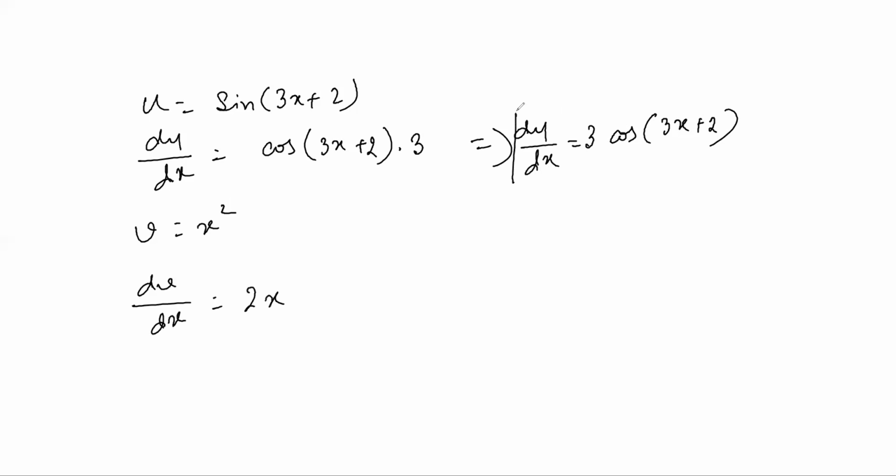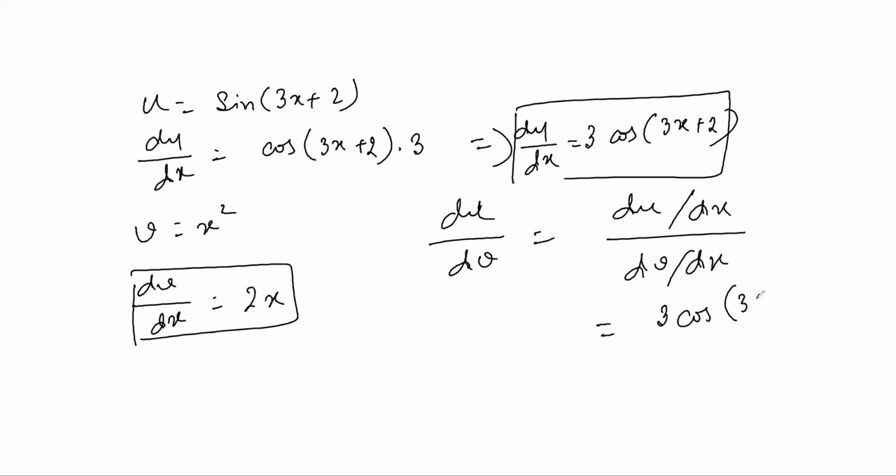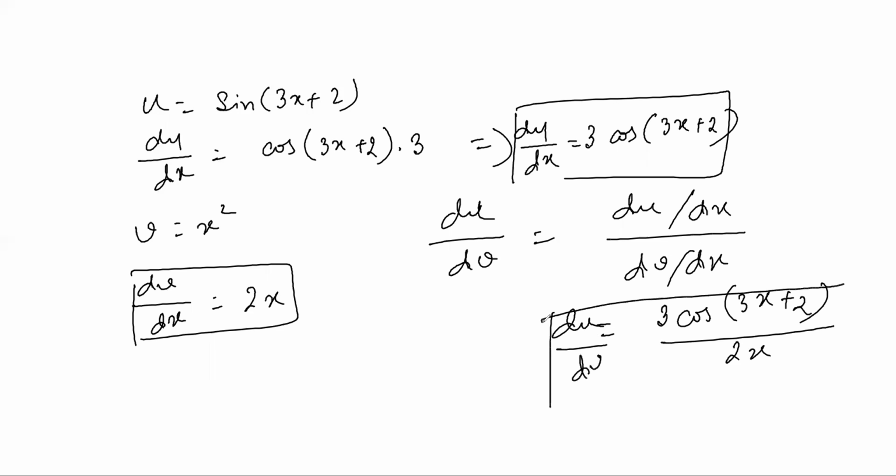Okay, so we have got our du by dx and our dv by dx. So our du by dv will be equal to du by dx upon dv by dx. So it will be 3 times cos of 3x plus 2 upon 2x. So this is our answer. This is very simple. You have to just divide the two different derivatives, that is the composite functions, and you get the answer. This was a very simple and straightforward question.